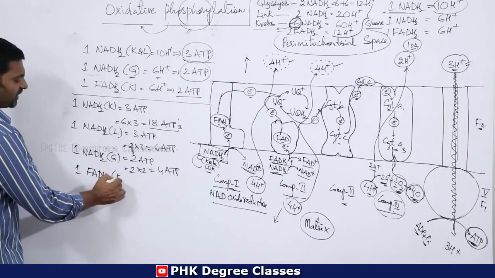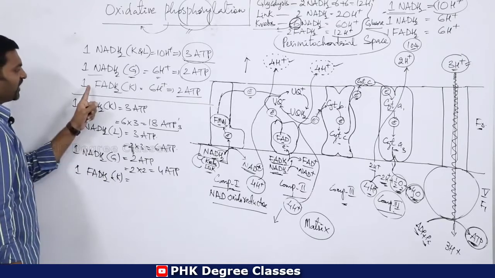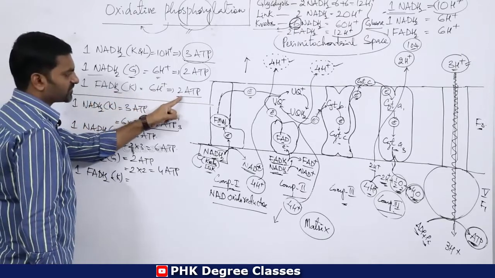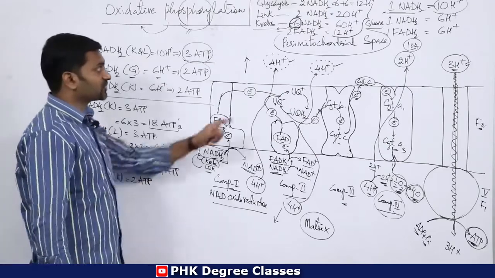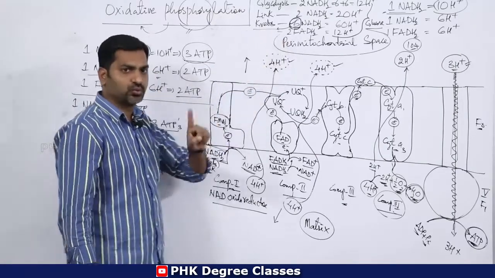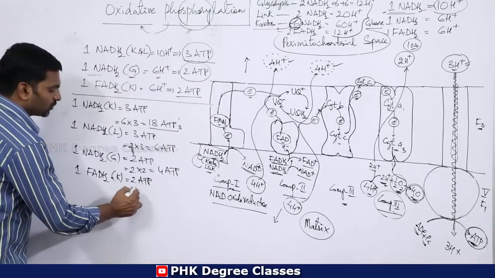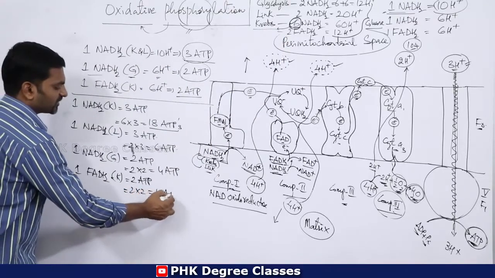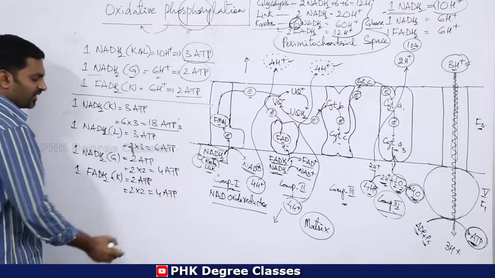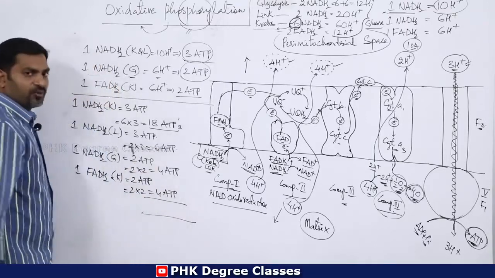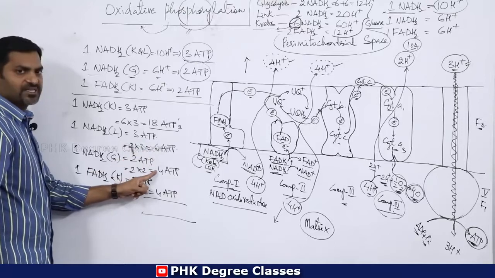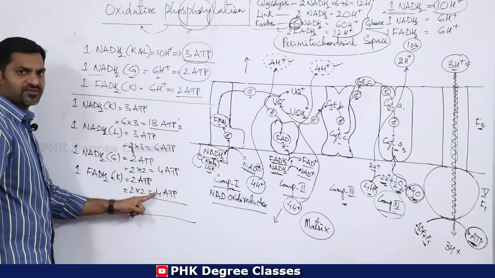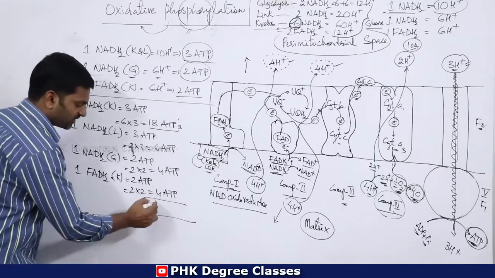So 1 FADH2 of Krebs cycle gives rise to 2 ATPs. Then how many FADH2s are formed in the Krebs cycle? 2. So 2 into 2 is equal to 4 ATPs. Okay, then count them all. 18 plus 6, 24, 24 plus 4, 28, 28 plus 4, how many? 32.